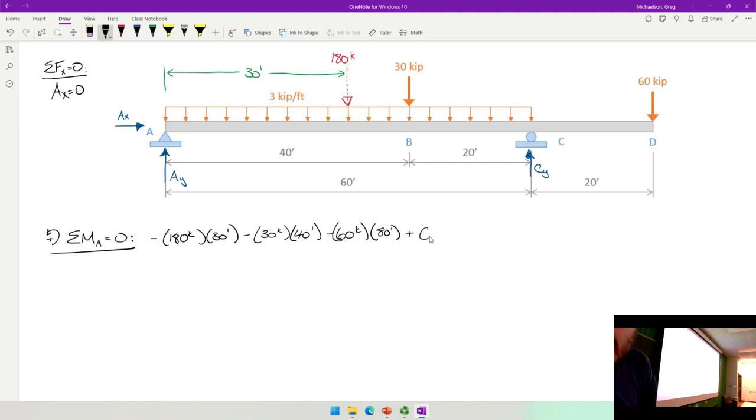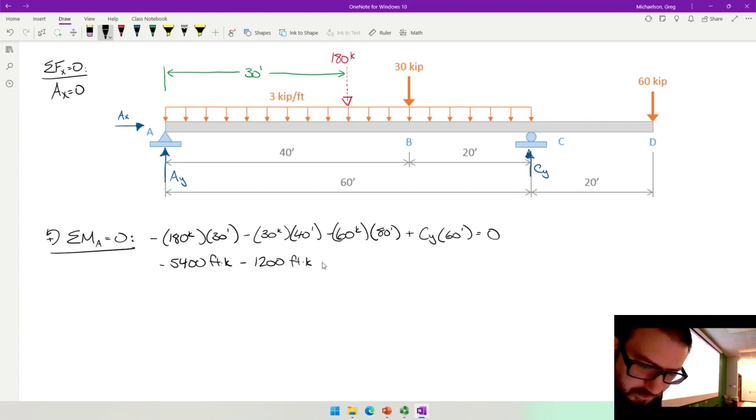And we'll add to that the moment contribution from CY, which is at a moment arm of 60 feet. Now this should be pretty simple. I think I might be able to do a lot of this in my head. This is 5,400, 1,200, 4,800. And that's going to be plus CY times 60 is 0.